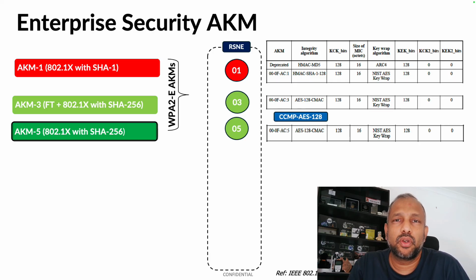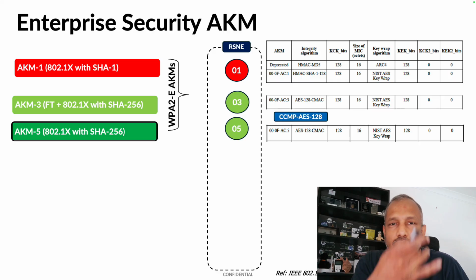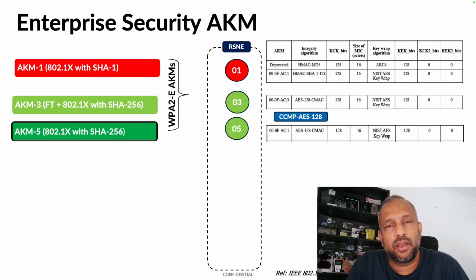If you implement PMF with any of these AKMs, that is technically WPA3. It's a subtle difference. If you enable AKM 5 with PMF enabled, then technically it is a WPA3 connection.